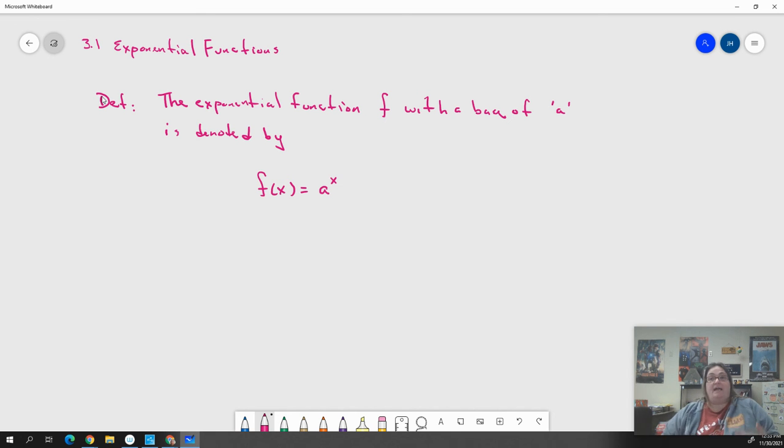When we're talking about exponential functions, what it means is our variable is in the exponent. It's in the power. Notice our x is up here. This could be written as f of x equals 3 to the x power. A is just some input for a number that we haven't determined yet. What we're saying is our unknown, the thing that we're trying to find, is our power. It's our exponent, and that's what makes it an exponential function.